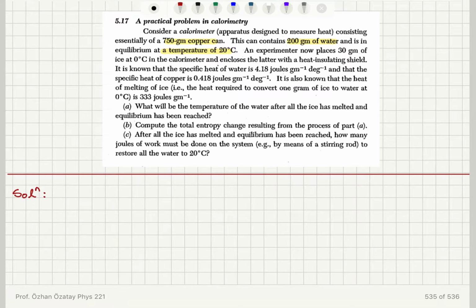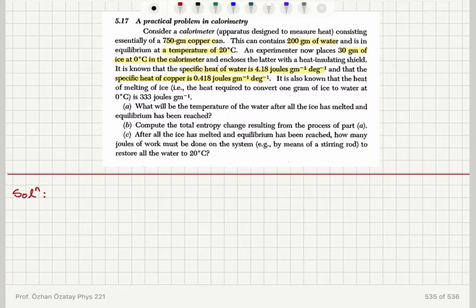An experimenter now places 30 grams of ice at 0 degrees Celsius in the calorimeter and encloses the latter with a heat insulating shield. It is known that the specific heat of water is 4.18 joules per gram per degree and that the specific heat of copper is 0.418 joules per gram per degree.